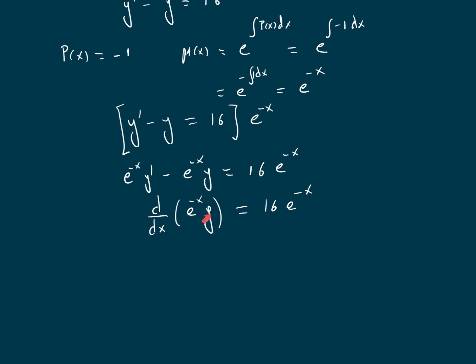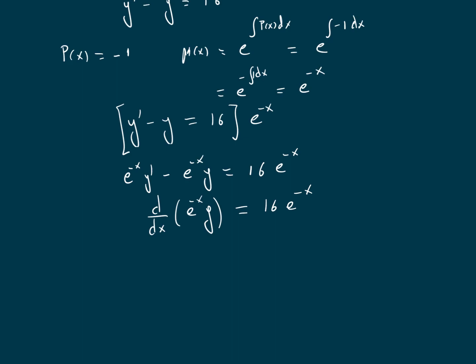And why is this true? Well, make the derivative. It will be e to the minus x by the derivative y prime plus the derivative of e to the minus x, which is minus e to the minus x by y. And now I can do the integral on both sides.